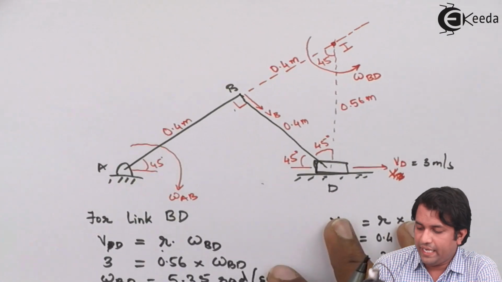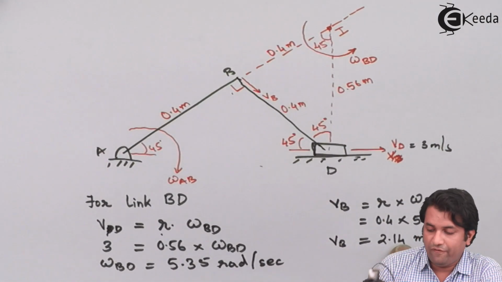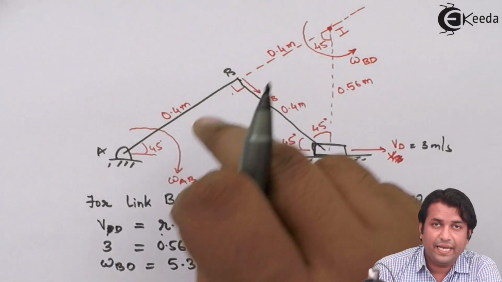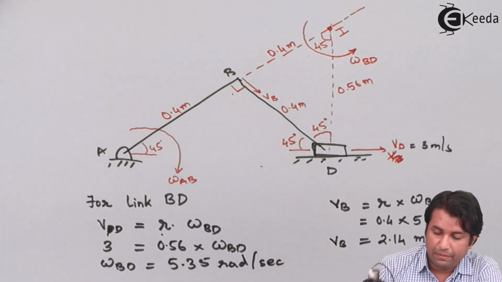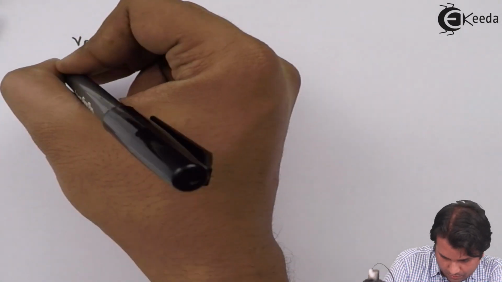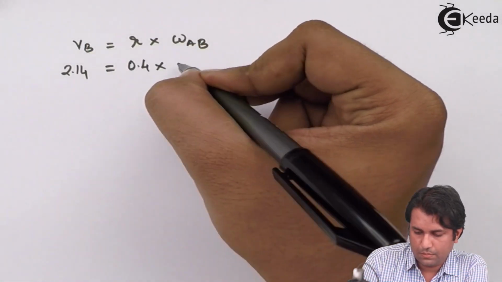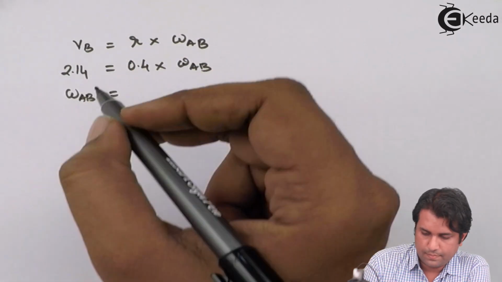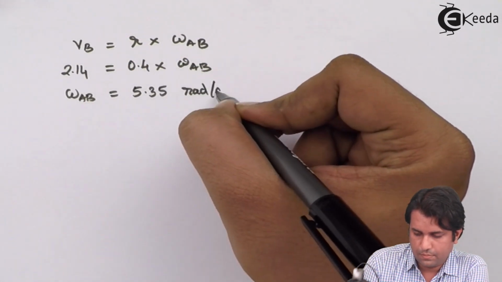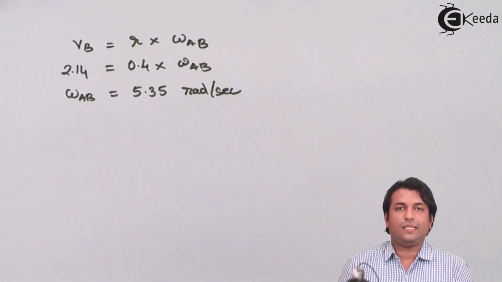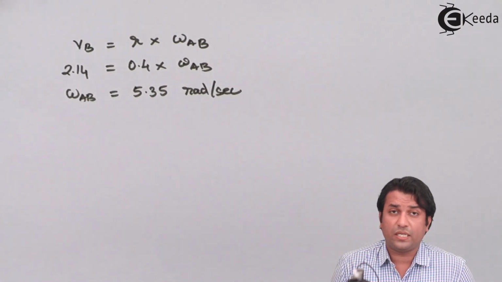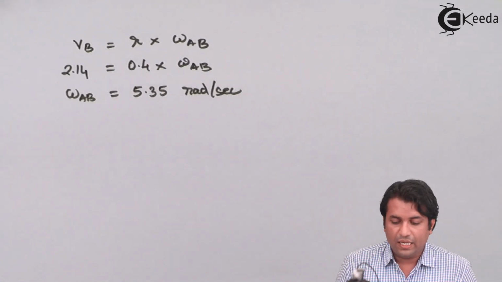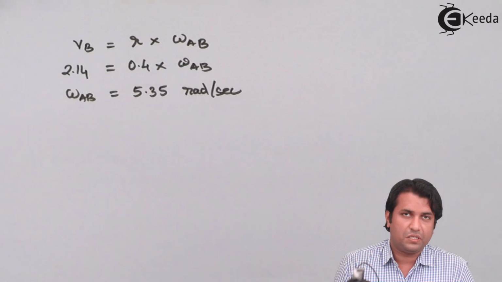VB we have already calculated over here as 2.14. R over here happens to be the length of this link AB, and that is 0.4 meters. So you can see that we have got the angular velocity for rod AB, or I mean the link AB, as 5.35 radians per second.